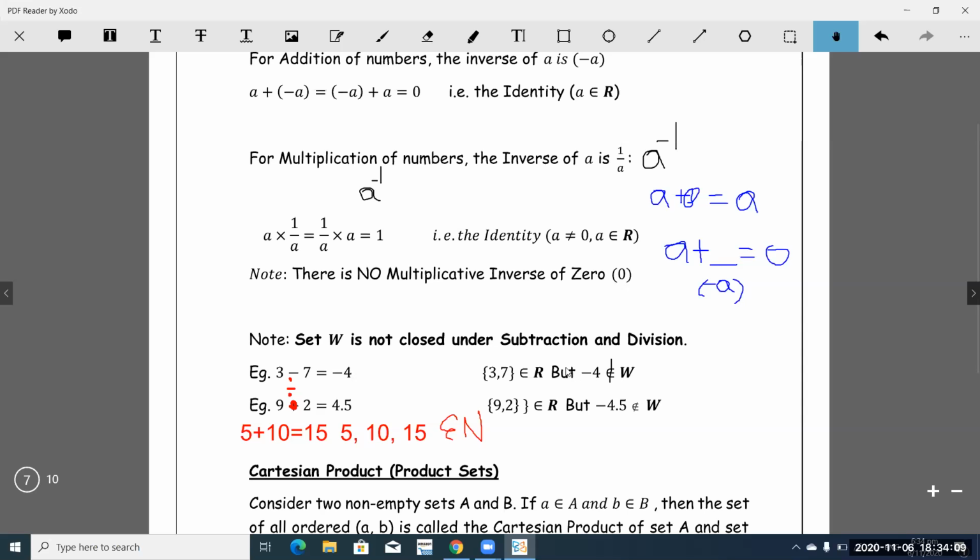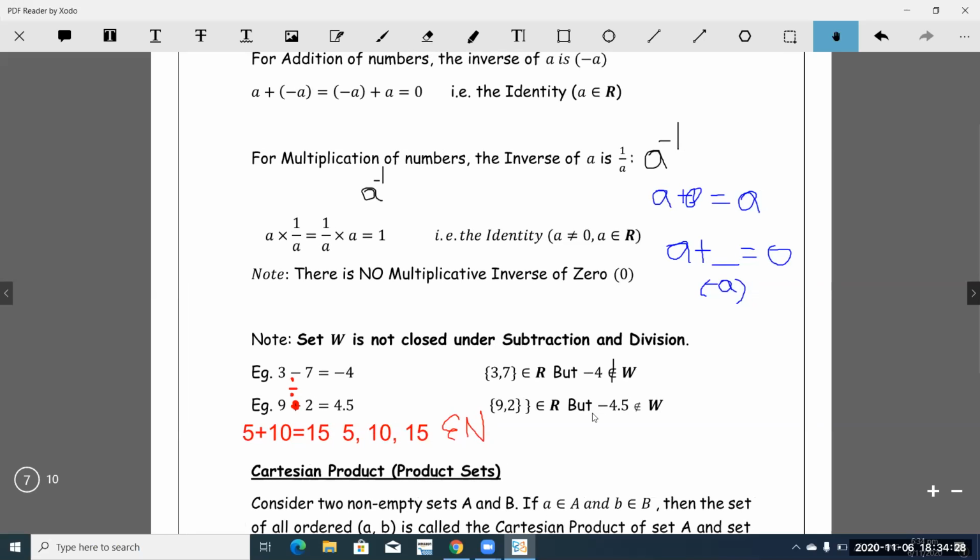What we can conclude is that the set W, the set of whole numbers, is not closed under subtraction. Same thing if we divide two whole numbers: 9 divided by 2, we get 4.5. But 4.5 is not a whole number.